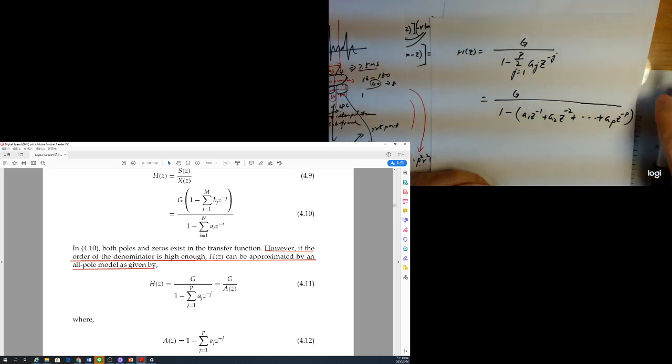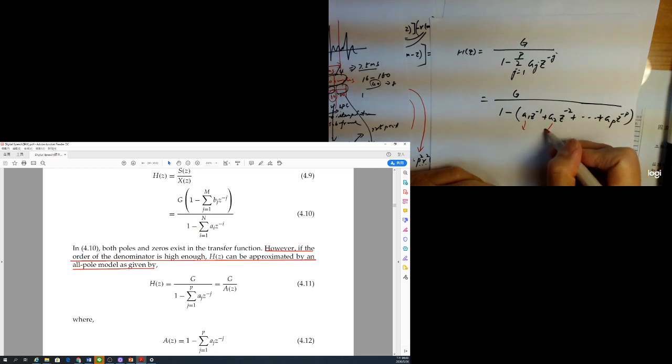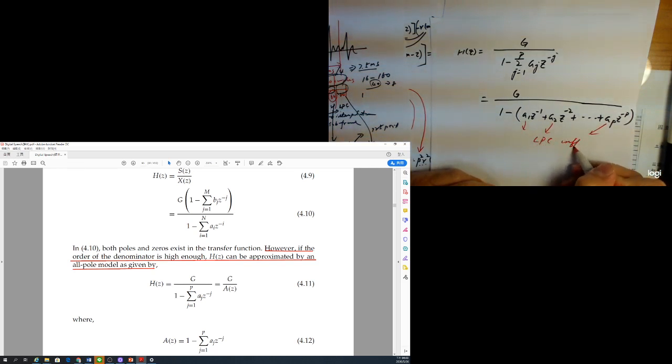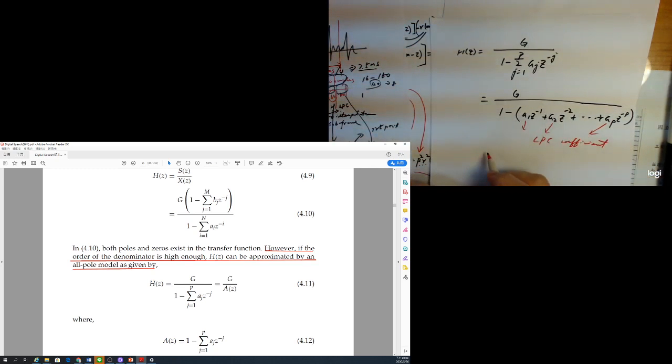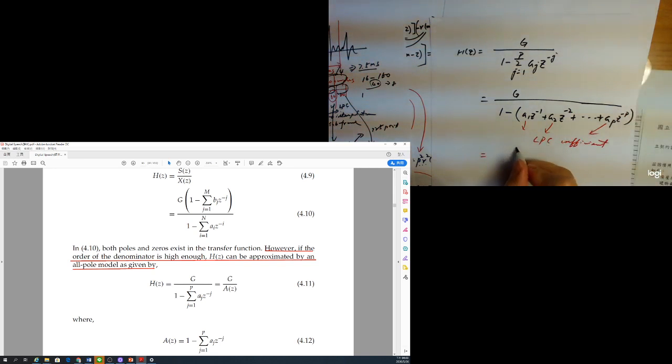What we get here is our LPC coefficient.